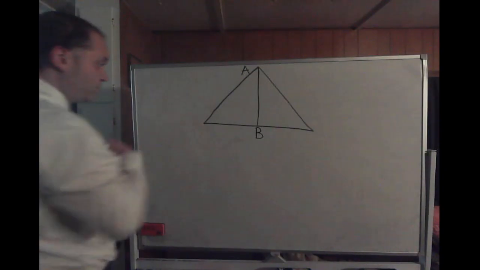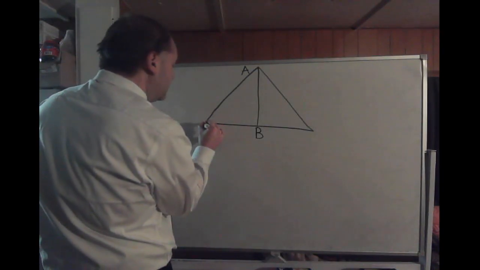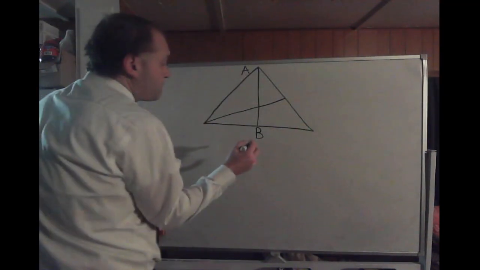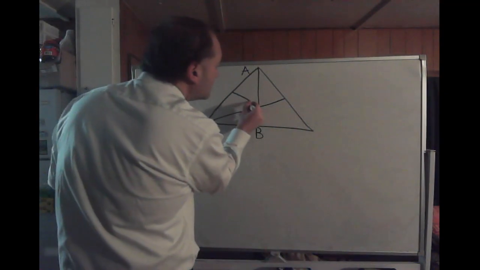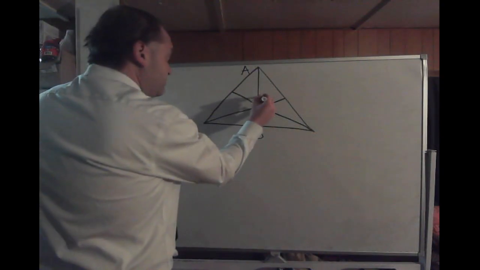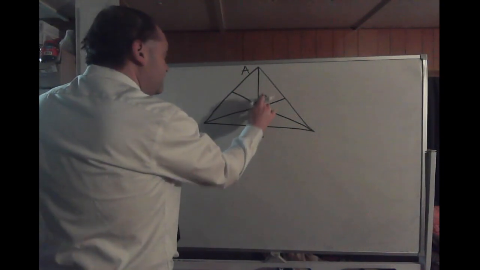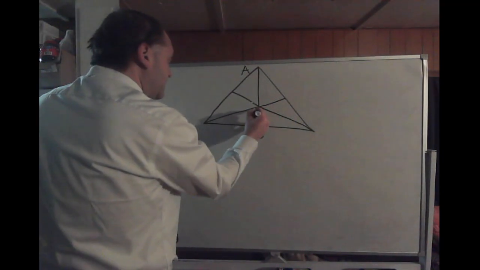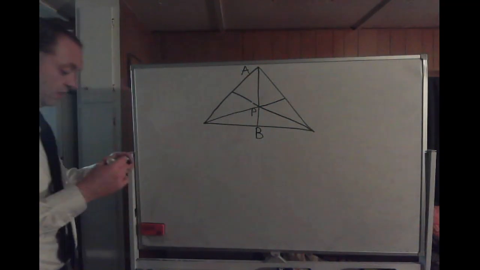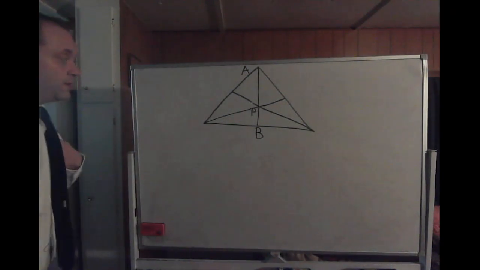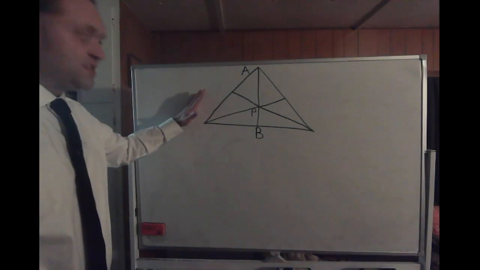Now, let's see here. And then where all three of these medians meet is point P. Okay, so we have a triangle here. They don't give you all the vertices. That's okay.